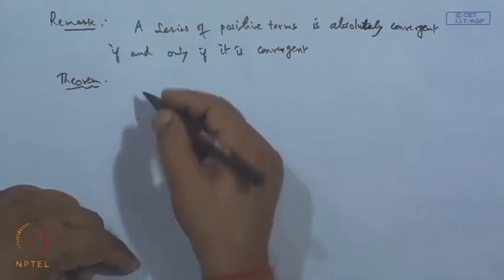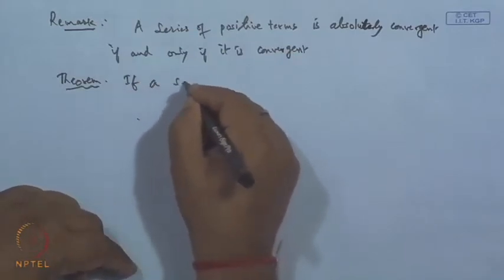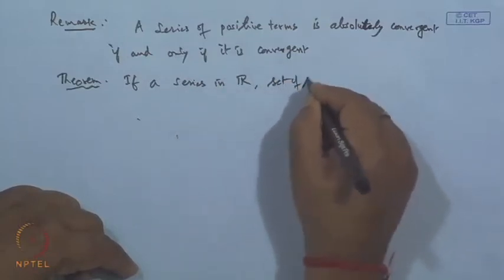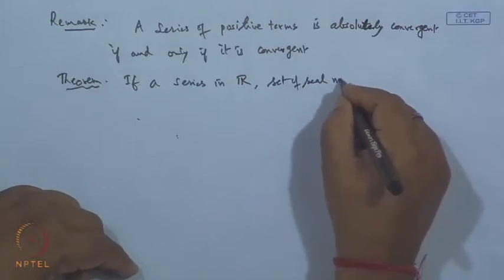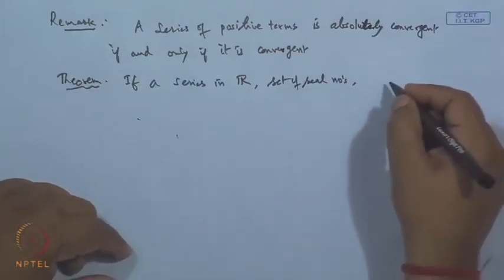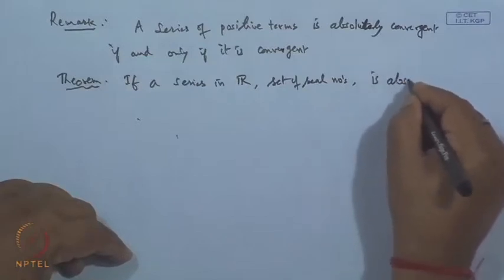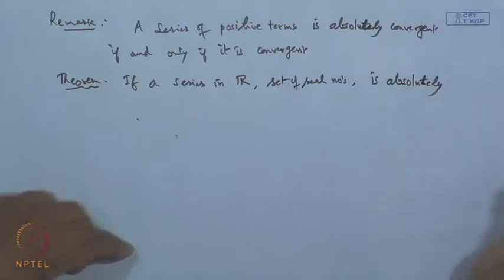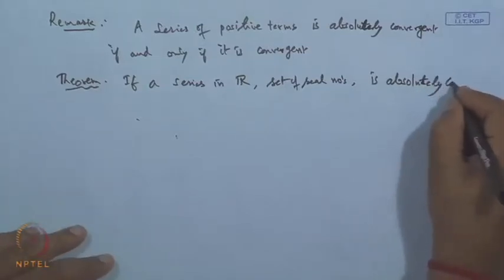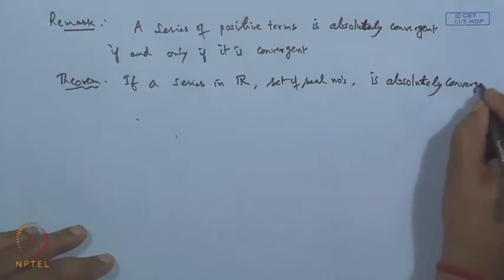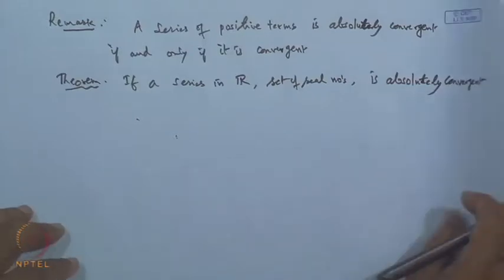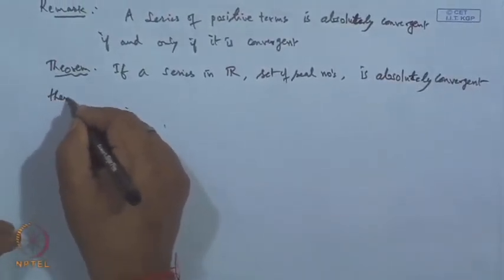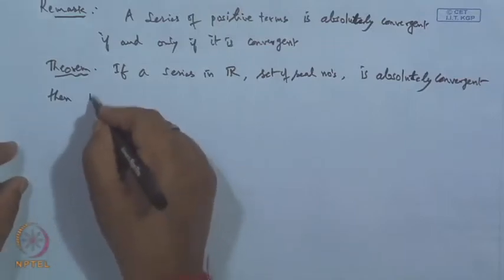The first result is, if a series in R, meaning the set of real numbers, is absolutely convergent, then it is convergent.